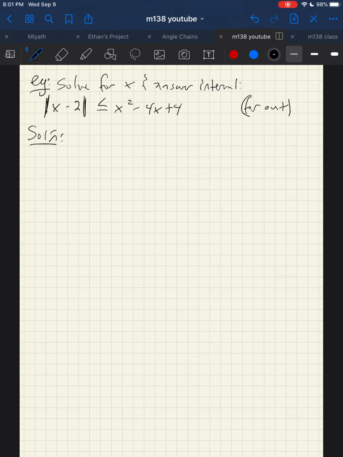Let's notice that the right-hand side is x minus 2 quantity squared. So we're probably in for a wild ride. Okay, so let's graph both sides.